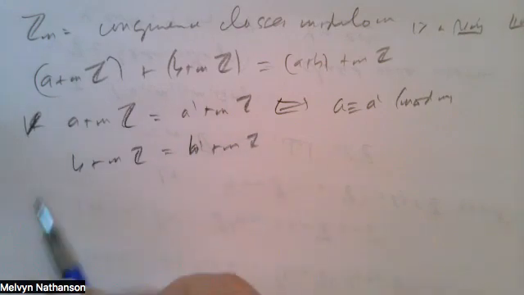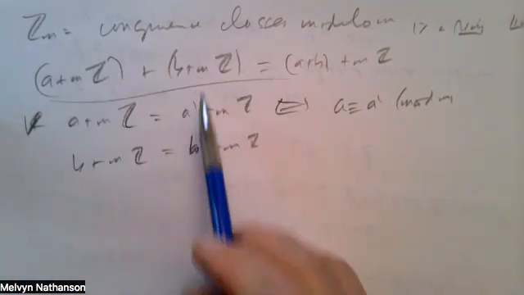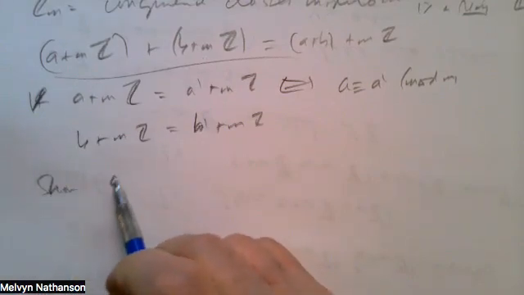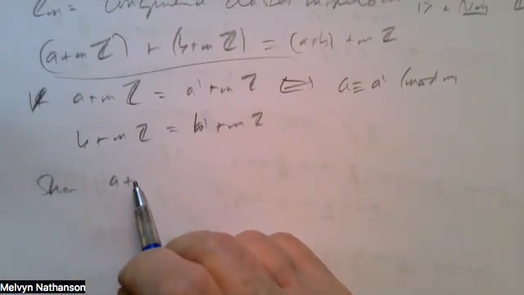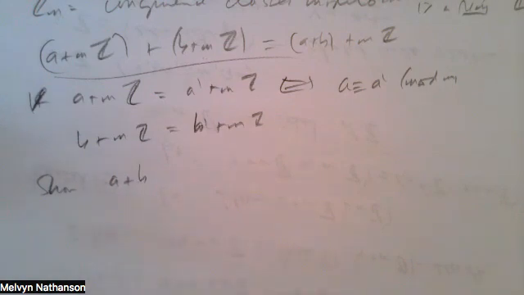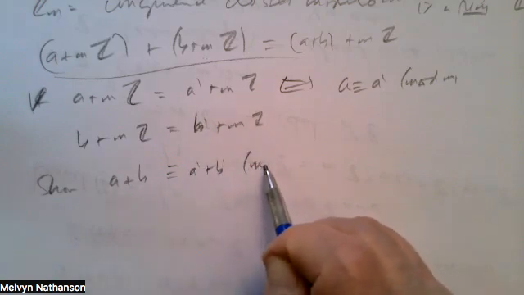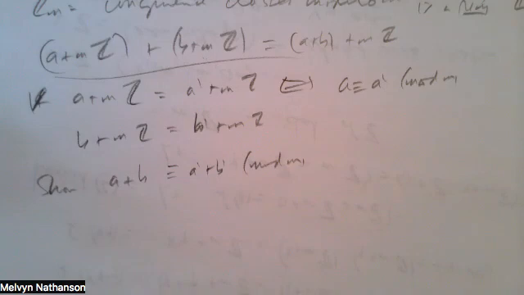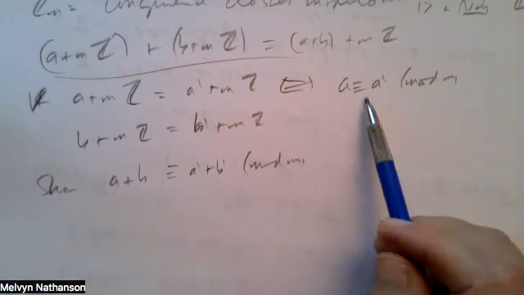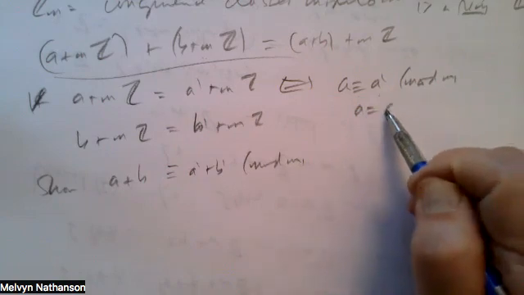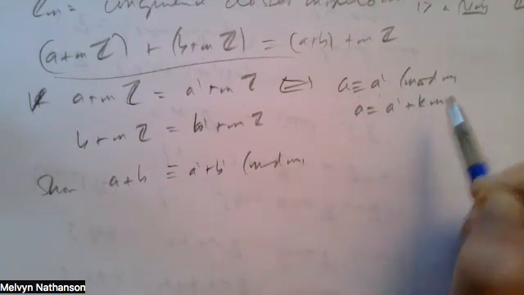So in order for this addition to be well defined, we have to show that a plus b is congruent to a prime plus b prime mod m. Now, to say that a is congruent to a prime mod m, this means a is a prime plus some multiple of m.